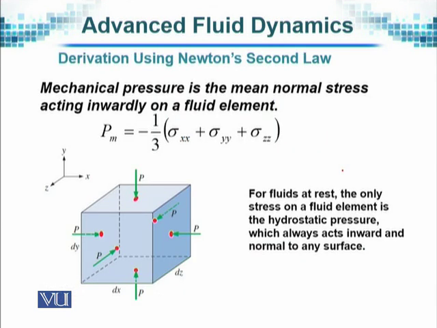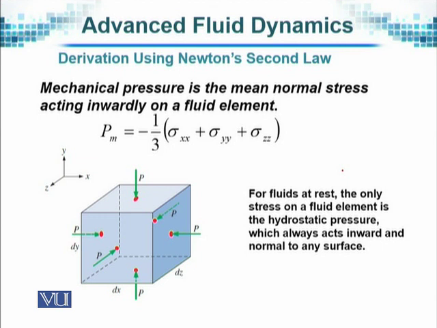So at fluid at rest, the total pressure that is being exerted on the fluid is known as mechanical pressure and is given equal to 1/3 of sigma xx plus sigma yy plus sigma zz, where sigma denotes the stress components in the relevant directions.